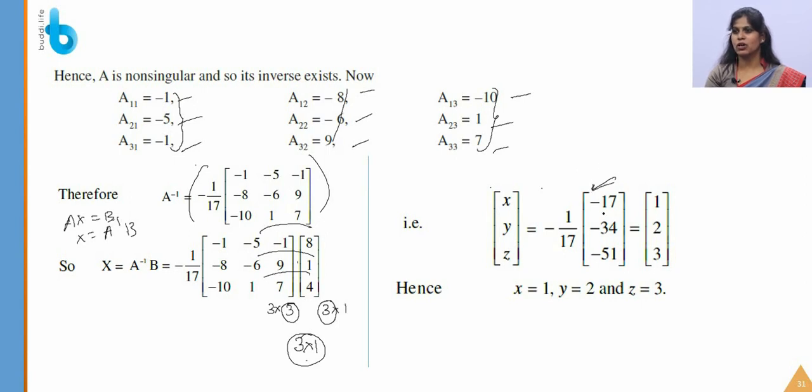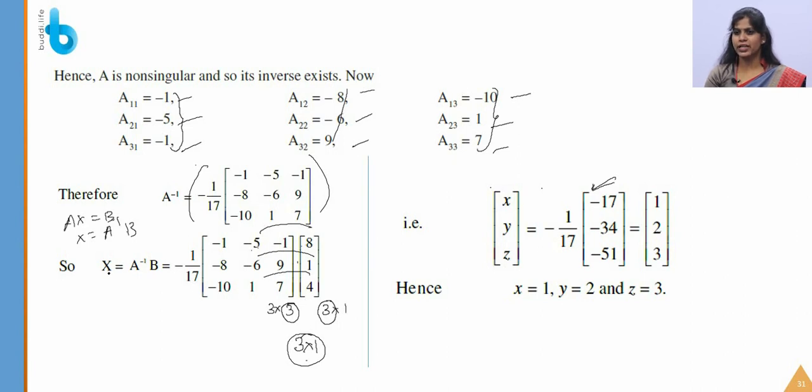So we got a column matrix on multiplying these two matrices, and we have 1 divided by 17. Multiply this 1 by 17 with each and every element in this matrix. On multiplying with 1 by 17, 17 gets cancelled, so 1, and on simplifying, 34 is 2 times 17, 51 is 3 times 17.